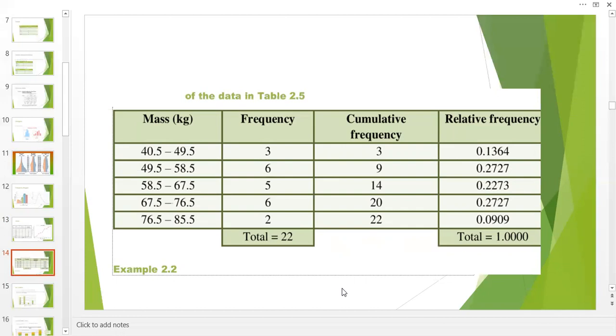In relative frequency, for example, we want to know how many students fall in weight between 40 to 49 kg. The frequency was 3. So in relative frequency, we take the frequency and divide it by the total number of outcomes, that is 22. So it is the number of times a value occurs divided by the total outcomes in the study.